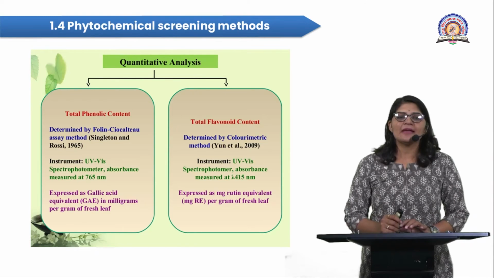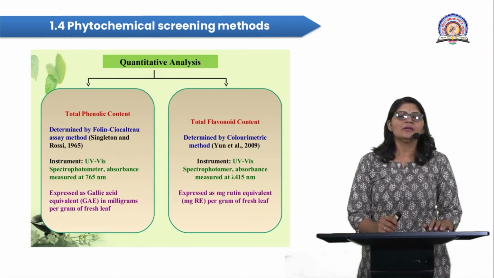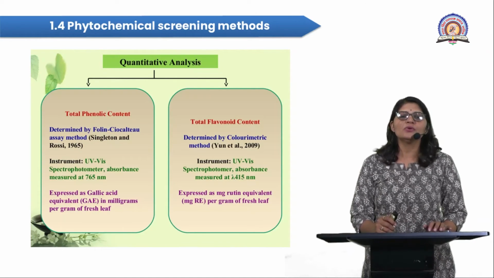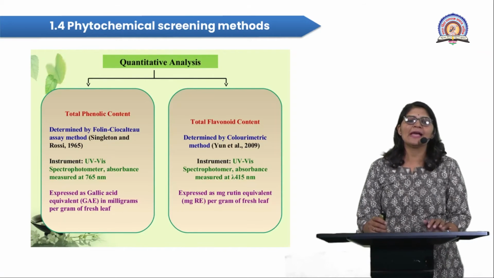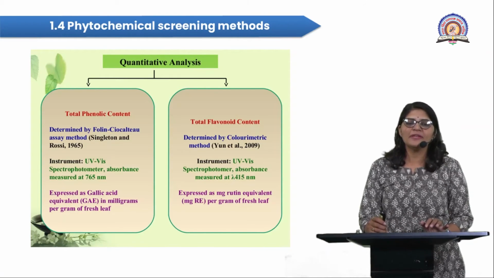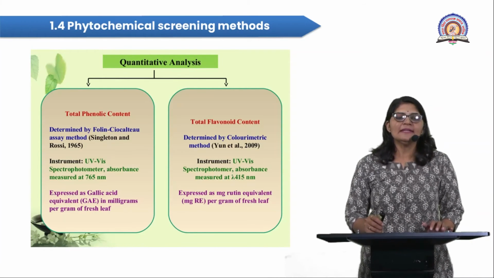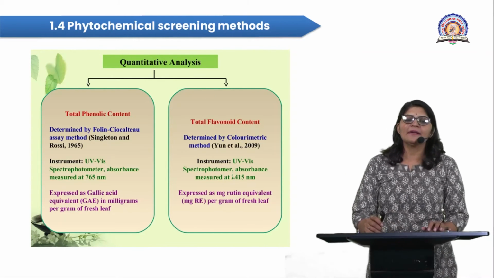Then next, I'm focusing on the quantitative analysis. I'm taking the total phenol content and total flavonoid content. For the quantification, the determination was carried out by the Folin-Ciocalteu assay method, and the instrument used was a UV visible spectrophotometer. Then absorbance was measured at 760 nanometer. It is expressed as gallic acid equivalent in milligram per gram of the fresh leaf.